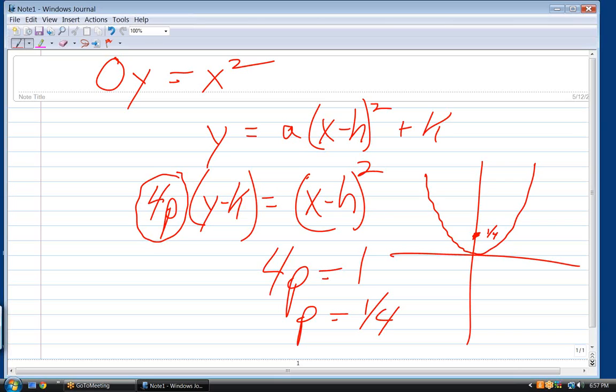the way to figure out what p is, always try to get a coefficient in front of y. In other words, let's say our equation was y equals 2x squared. Well, the first thing I'm going to do is make that 1/2 y equals x squared. And now I know that 4p has to equal 1/2.